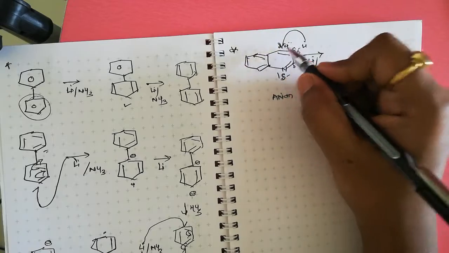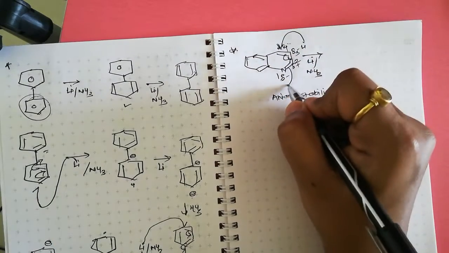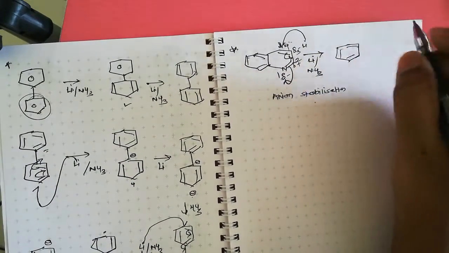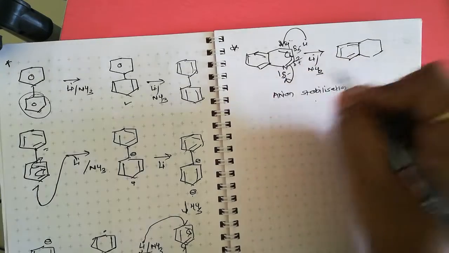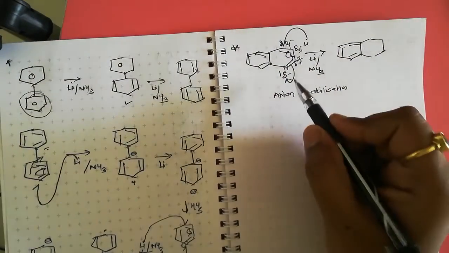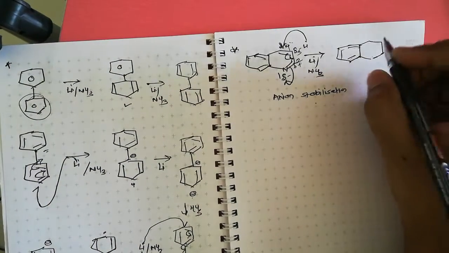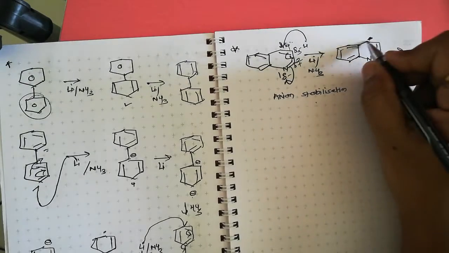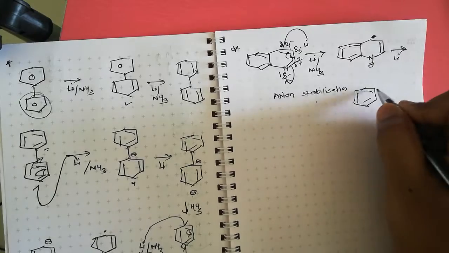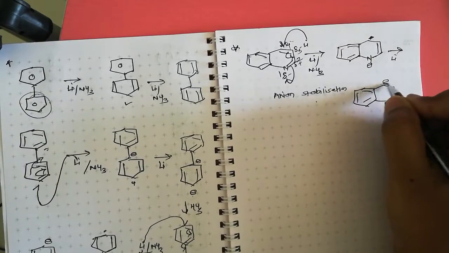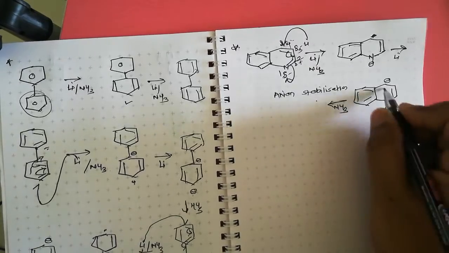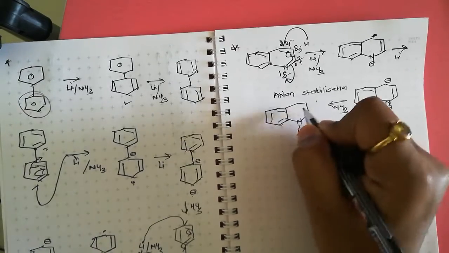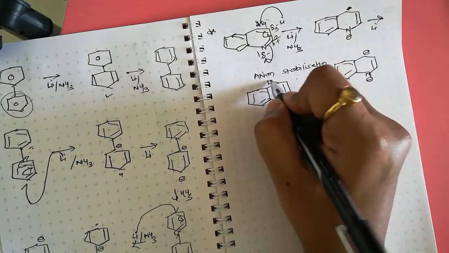This bond shifts here, and the negative charge on the nitrogen is more stable because nitrogen is more electronegative, therefore we get this product. Then lithium again transfers its electron to this radical, and then ammonia transfers its proton to the two negative charges and we get NH here, H here.